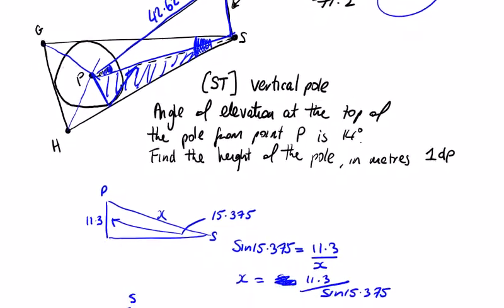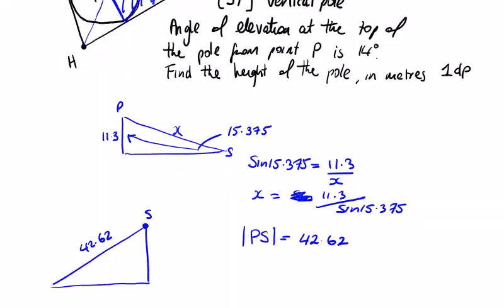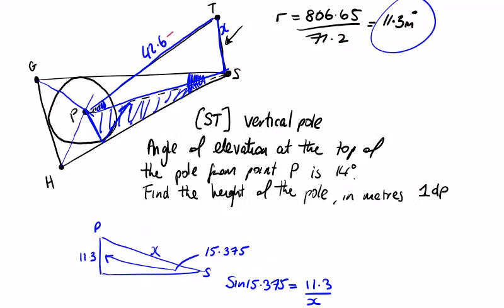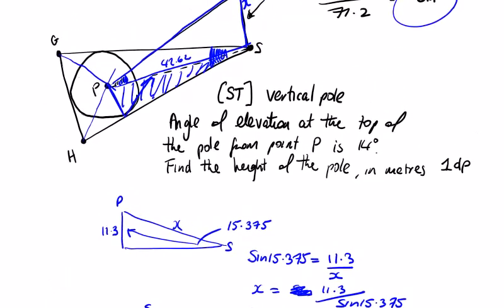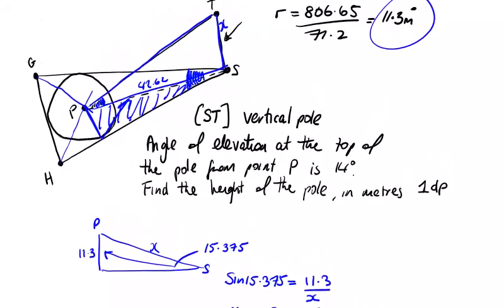PT actually, isn't it? Yeah, it's PS we've calculated, not PT. PS, this one here, 42.62. Be careful. So we have PS, the bottom one. We're looking for the hypotenuse in this case. No, we're looking for this one here. We're not looking for the hypotenuse.